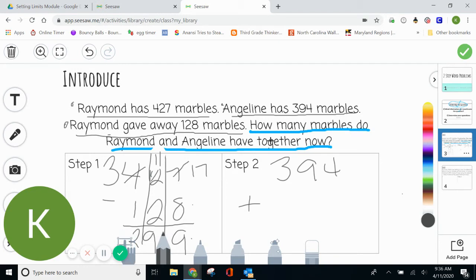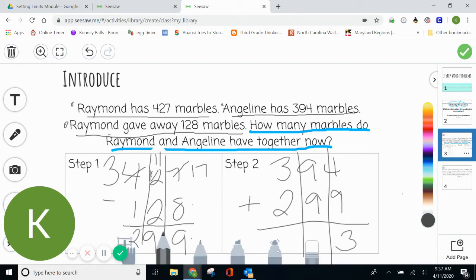Like I said before, I'm figuring out how much they have together. So that means I'm going to add 394 plus 299. 4 ones plus 9 ones is going to be 13 ones.